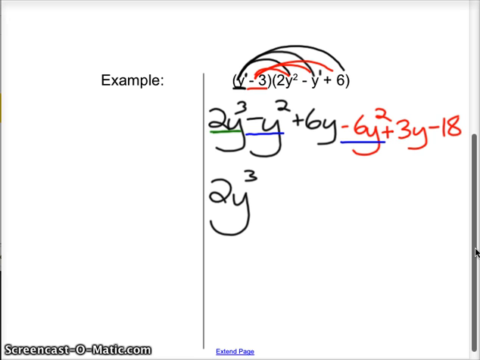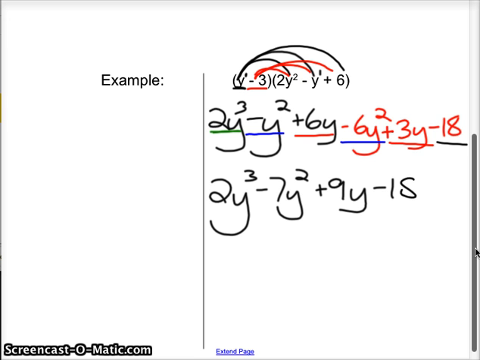So together, that's going to give me negative 7y squared. I see a 6y here and a 3y there. So together, that's going to give me a 9y. Then finally, I see the lonely negative 18 that does not have any like terms to combine with.